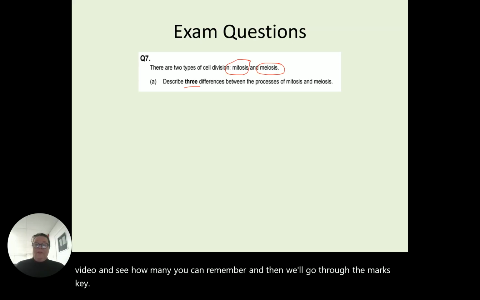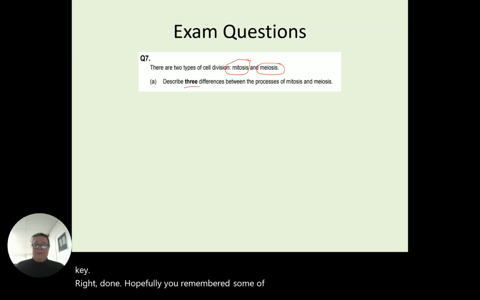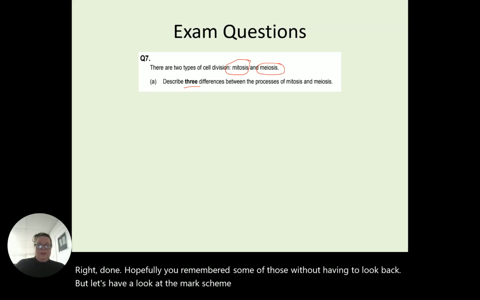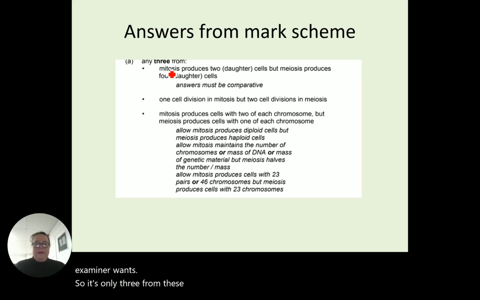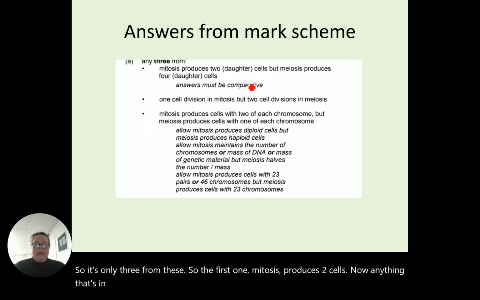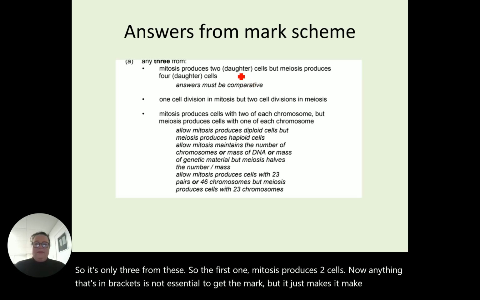Right, well done. Hopefully you remembered some of those without having to look back. But let's have a look at the mark scheme here, so that we know exactly what the examiner wants. So it's any three from these. The first one, mitosis produces two cells. Now anything that's in brackets is not essential to get the mark, but it just makes a little bit more sense.